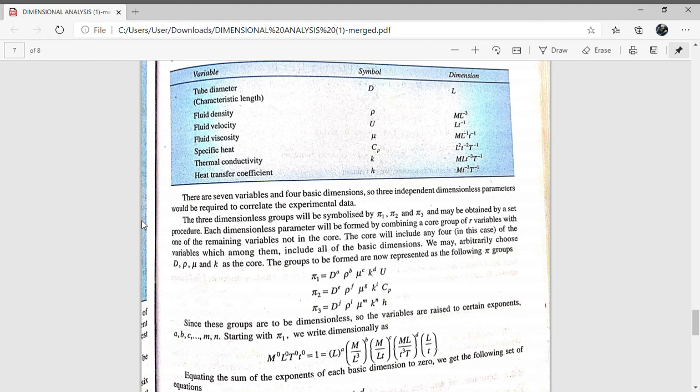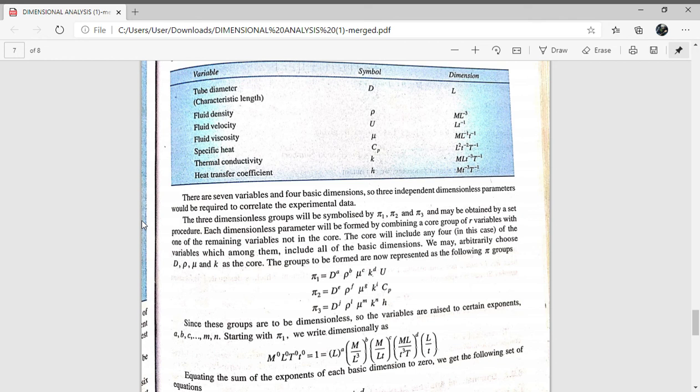And since temperature is also there, one variable which consists of temperature, that is thermal conductivity. Like this we have taken 4 repeating variables, and the remaining variables we have mentioned in every pi term as non-repeating variables.